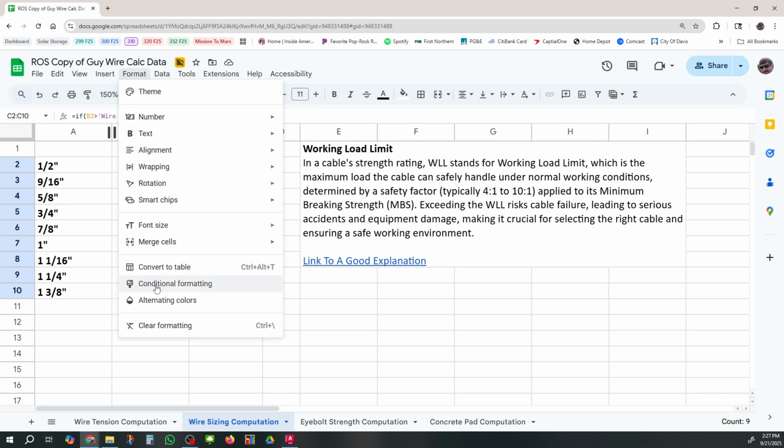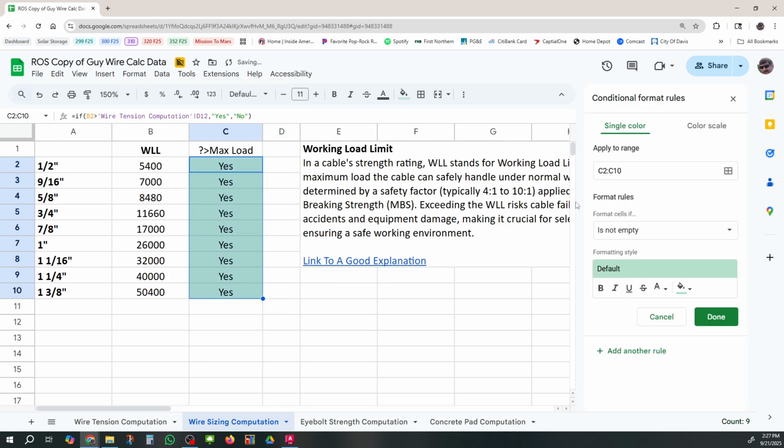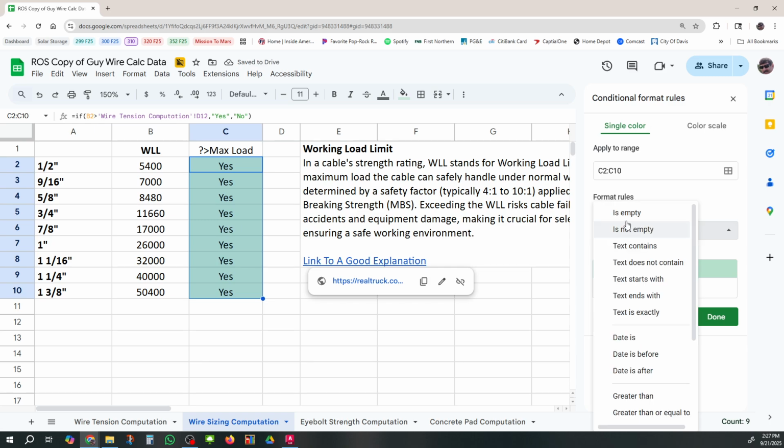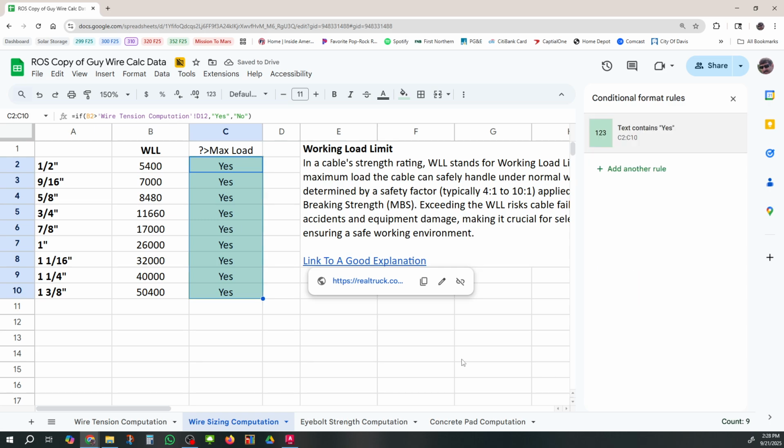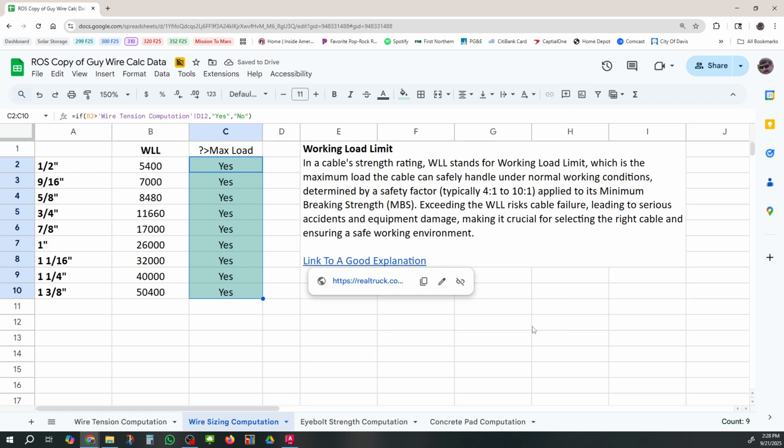Format, conditional. If the cell contains the word yes, then make it green. And I see that they all do.